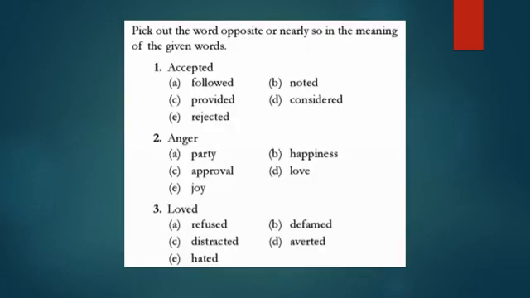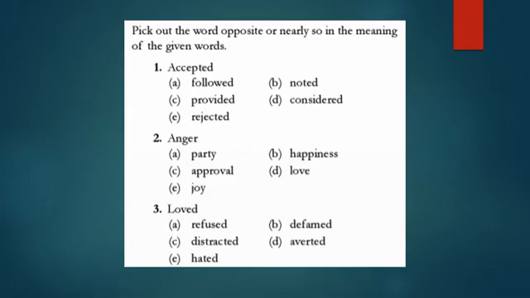Pick out the word opposite or nearly so in the meaning of the given words. First one, accepted: followed, noted, provided, considered, rejected. Second, anger: party, happiness, approval, love, joy.